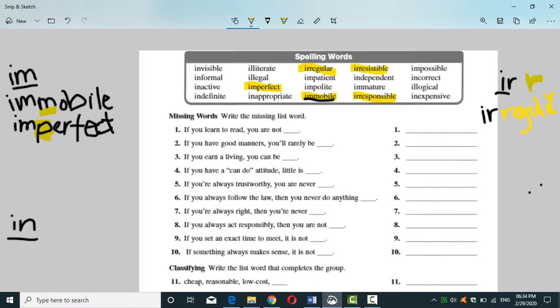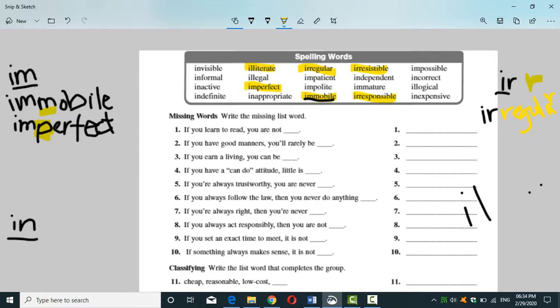The next one that I have to talk about is the IL. Sorry for the lack of organization. IL is another prefix. It also means not. It always begins with words that start with L, like illiterate, for example. Here, see, illiterate.